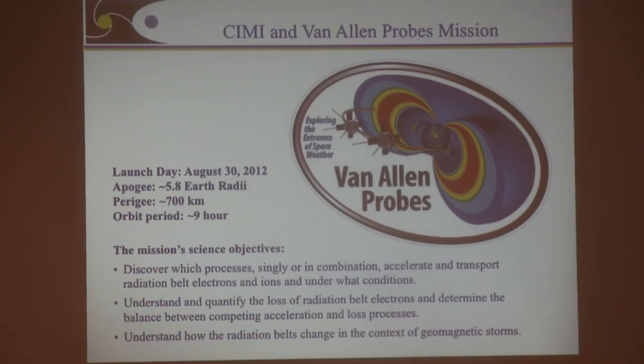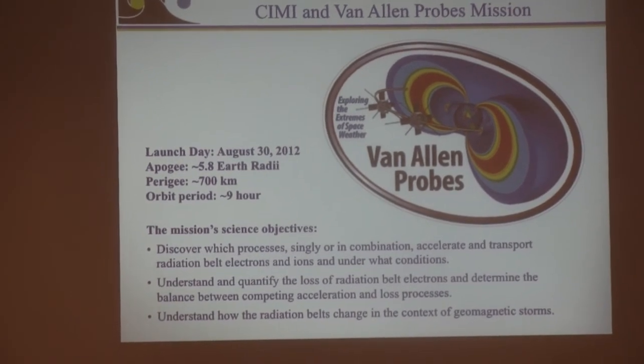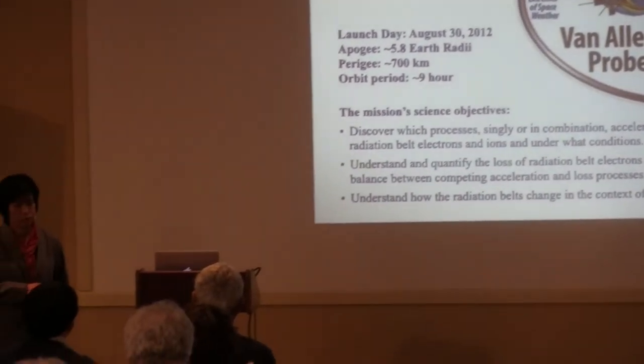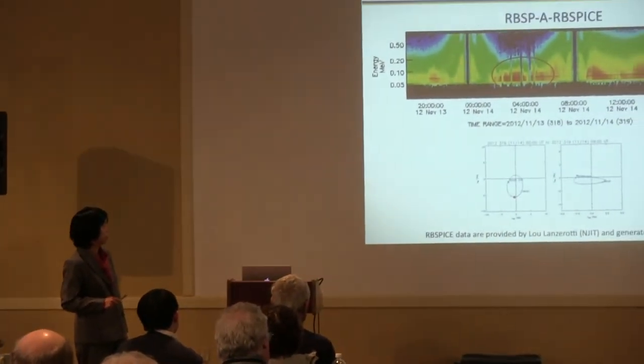Okay, now I'd like to talk about how the model can help interpret some features we saw in the Van Allen Probes data. I'd like to look at the dropout event from the storm of November 14, 2012.